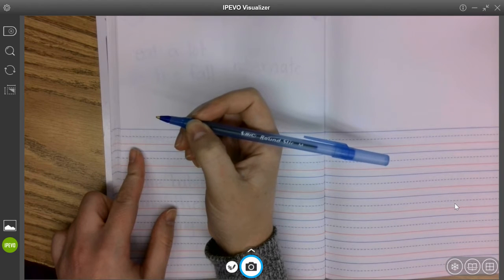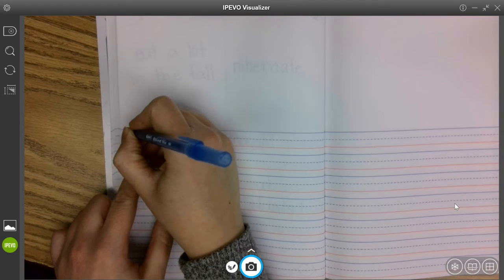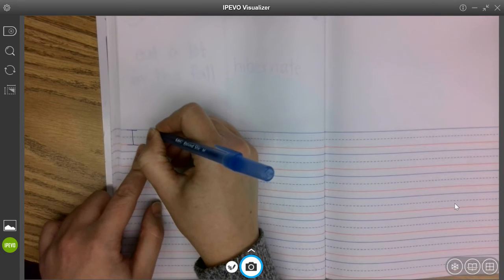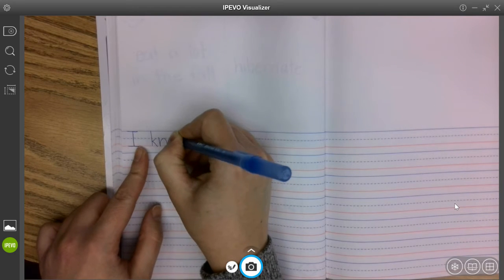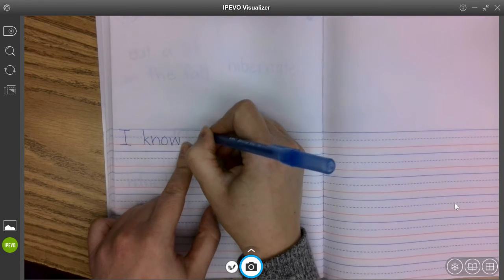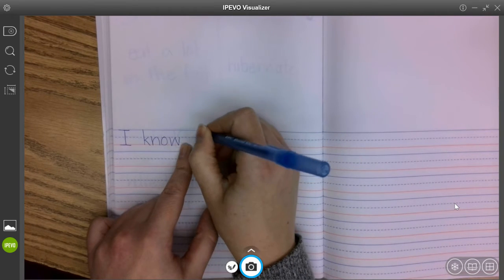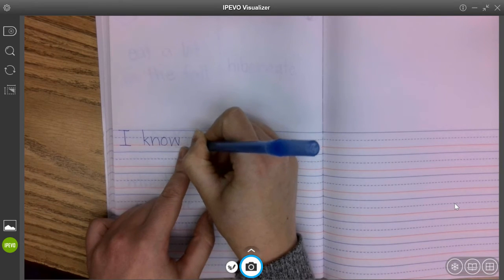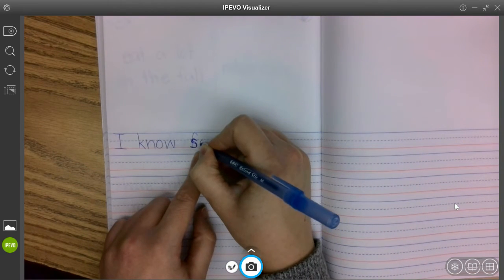How do we start an informative text? I know, okay, we're talking about facts, so they're things we can learn, things we can know. I know some facts. Oh, would help if I remembered what I was writing. This is the problem with using a pen right now. But pen shows up a lot better than pencil on the camera.